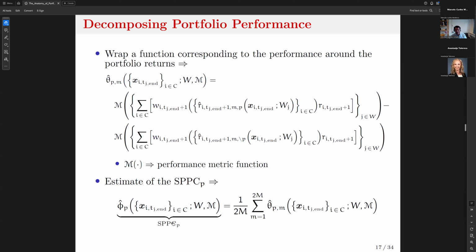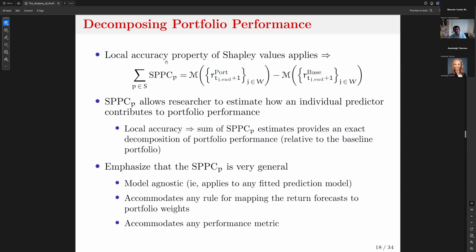And you end up with this formula for the SPPC for predictor P. Importantly, local accuracy continues to hold. So you will be able to decompose the contribution of that particular predictor for that particular metric in terms of deviations from the base portfolio.